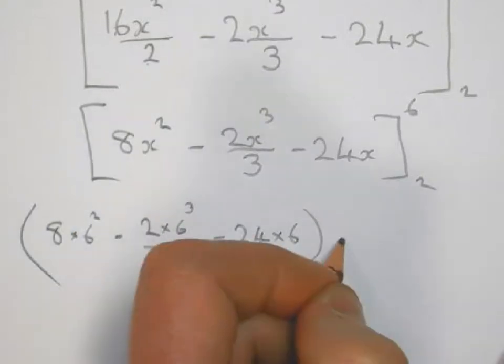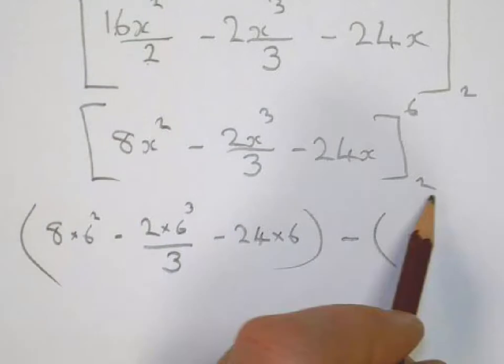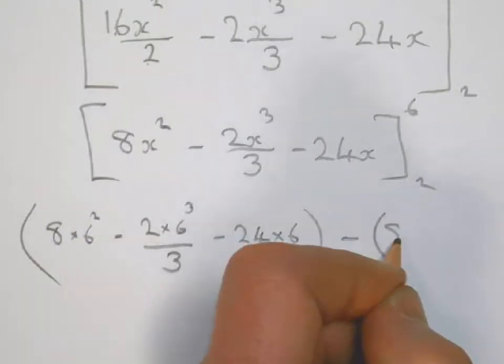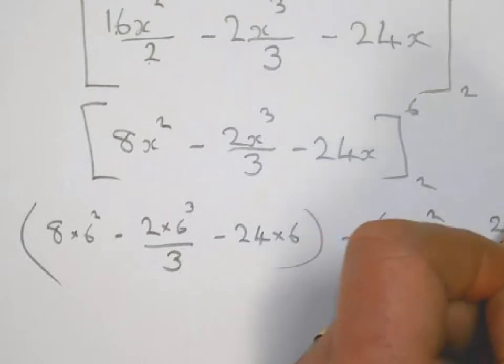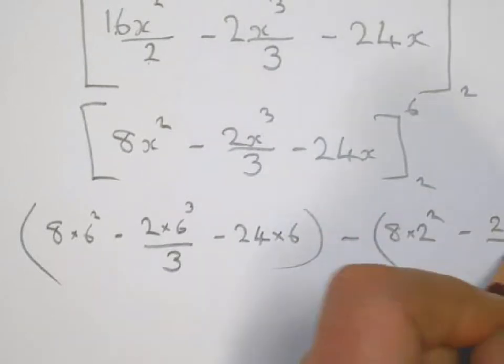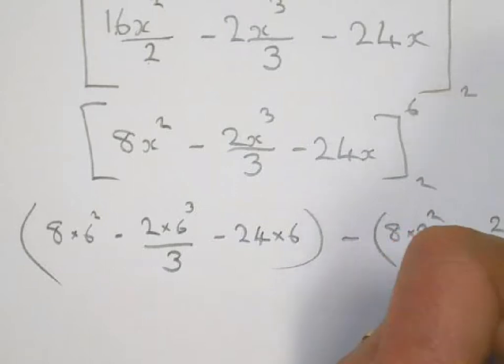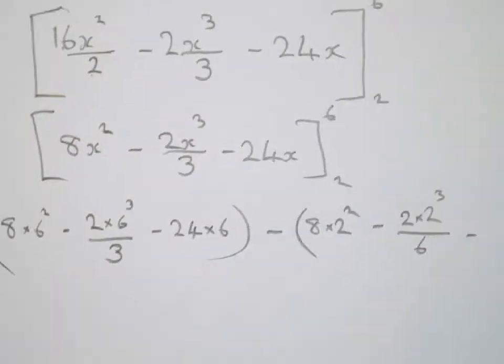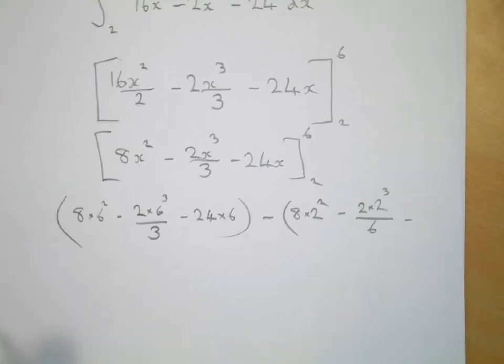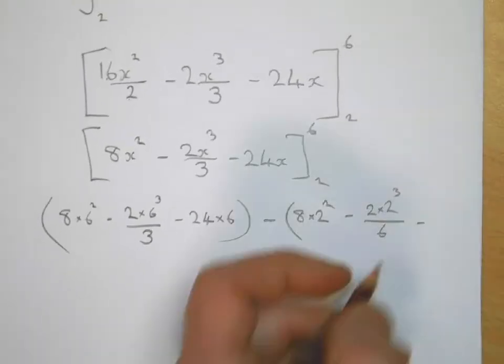And then we're going to take away, we're going to sub the 2 in now. 8 times 2 squared, take away 2 times 2 cubed over 6. Take away, well, I'm running out of space so you can't see all that. So you can zoom out a little bit. There we go. Take away 24 times 2.